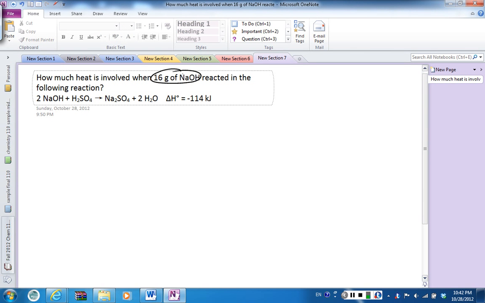And here, you gotta use the delta H as part of your reaction's stoichiometry, numbers, coefficients, or whatever else. And how do we use that? The conversion factor here apparently is going to be your delta H, which is negative 114 kilojoules over 2 moles of sodium hydroxide.